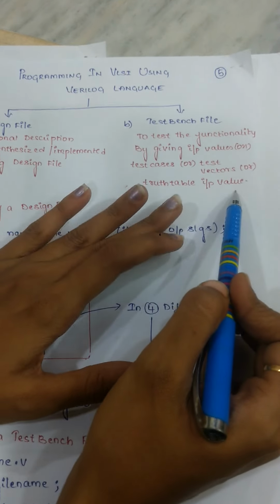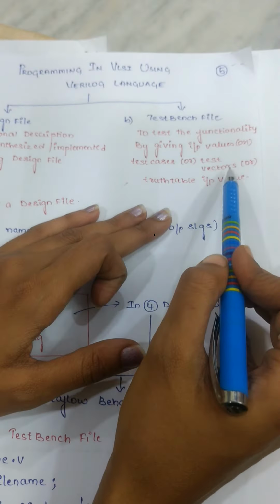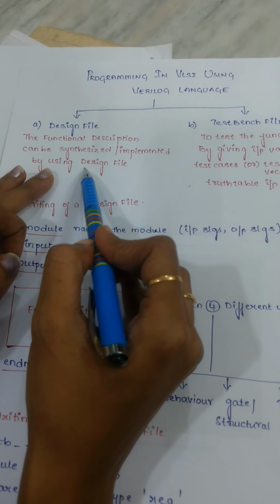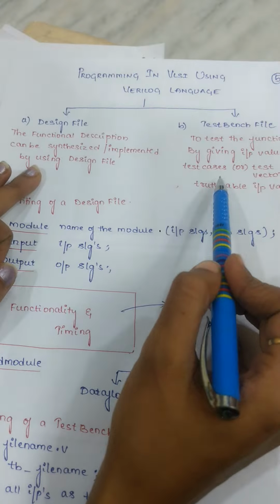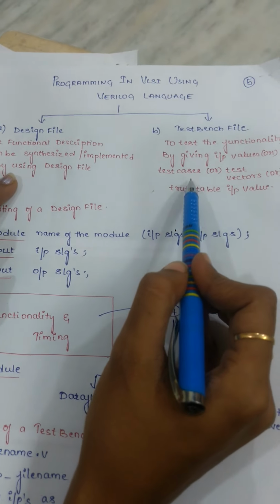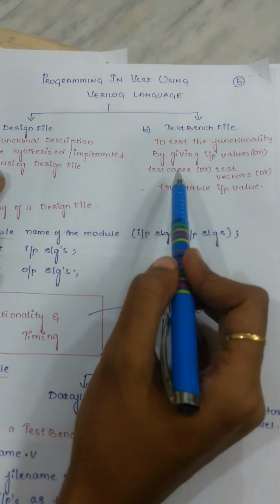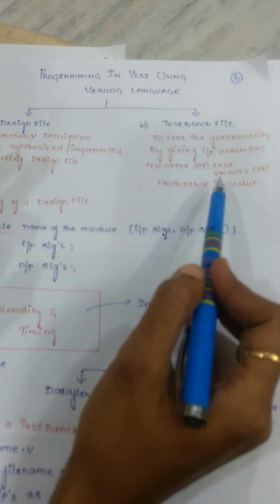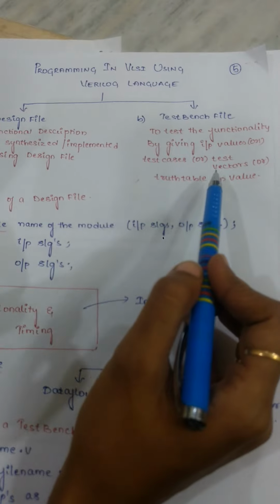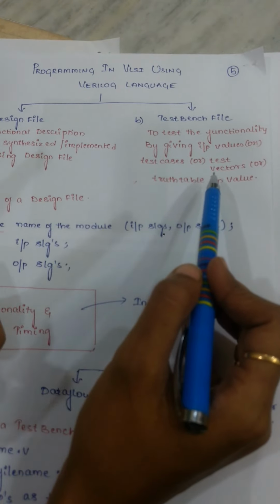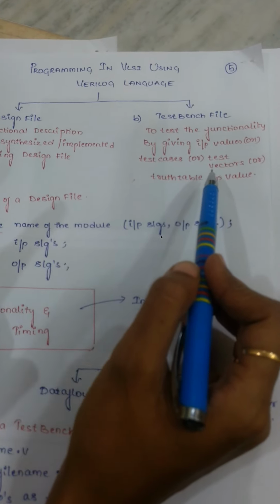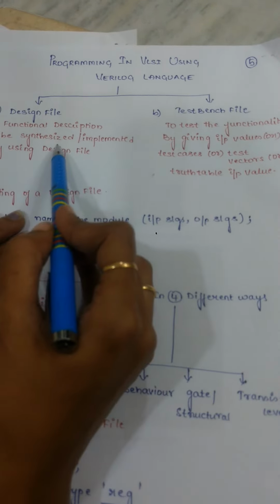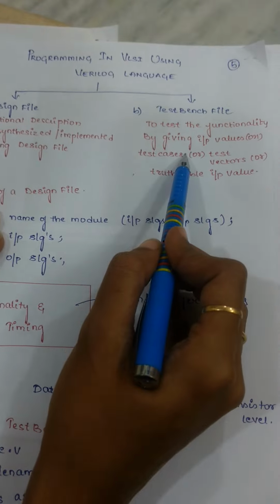By giving any one of these inputs, whatever logic function we wrote in the design file should be tested and verified, and you have to check in the waveform analysis whether the logic works according to the circuit or not. So to test and verify a single logic design using Verilog in your Xilinx tool, you require 2 files: the design file and the test bench file.